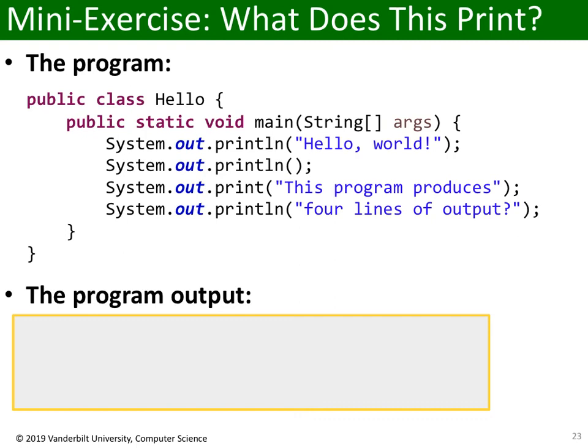So the first statement is a system.out.println, or shorthand, you can just call it a printline statement, that will write hello world, and then a system.out.println, and then a system.out.print, and the following system.out.println. So take a moment and think about what you expect this program to generate.